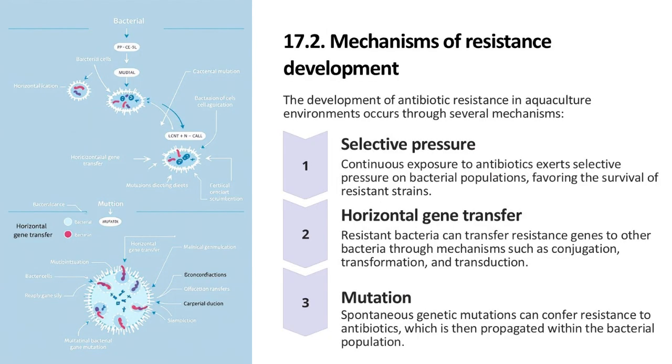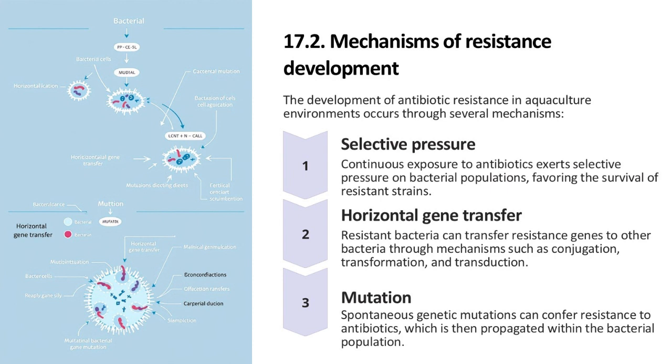17.2 Mechanisms of resistance development. The development of antibiotic resistance in aquaculture environments occurs through several mechanisms. Selective pressure: continuous exposure to antibiotics exerts selective pressure on bacterial populations, favoring the survival of resistant strains.